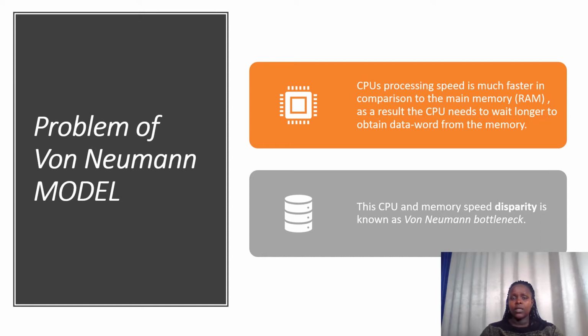This takes time, so while the memory gives the data, the CPU may be idle. So the speed of the memory and the speed of the CPU to process are unequal. So at that time, there is a disparity. This is the problem of this model.